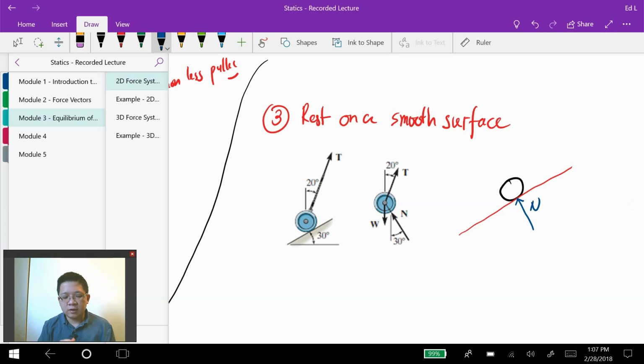And of course, if there are other forces acting on the particle, we have to draw those as well. For example, if I have force T in here, and usually there's also a weight that we have to consider. So it depends on the problem. Sometimes we need to consider the weight, sometimes we don't. If the weight is given in the problem, then definitely we need to consider it.